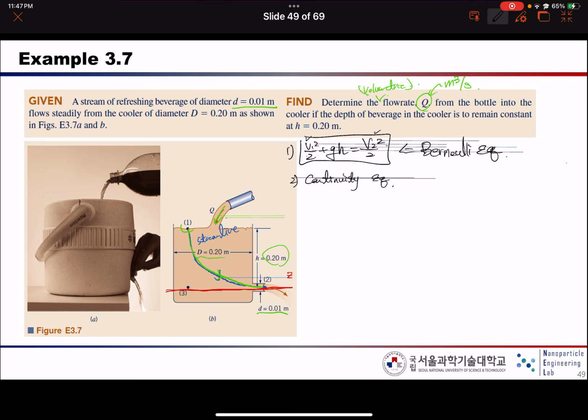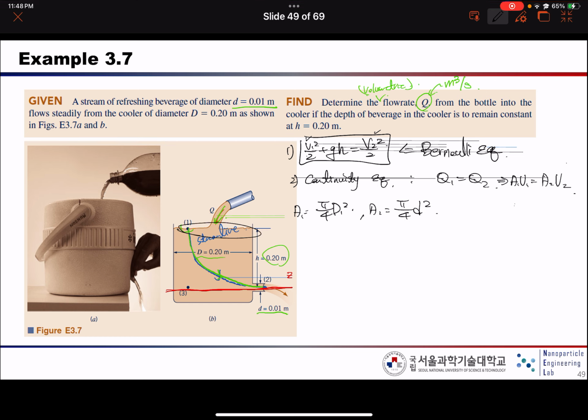So for the continuity equation, as I already mentioned, Q1 equal Q2, right? So A1 V1 equal A2 V2. Okay, so here A1, what is A1? This is A1, right? And A2 we can write like this.